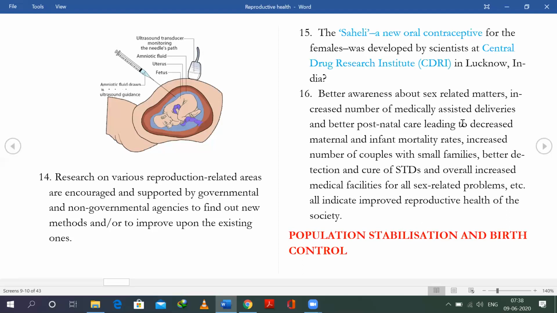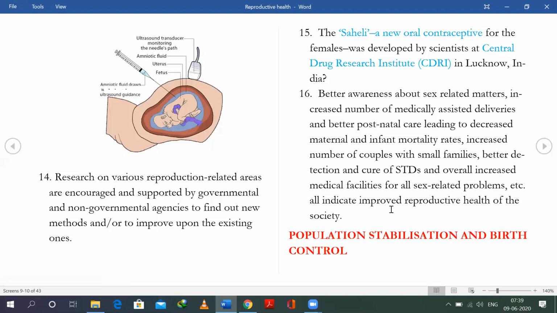Overall, increased medical facilities and awareness about sex related problems indicate improved health of Indian society, particularly. That is the end goal achieved by creating awareness.